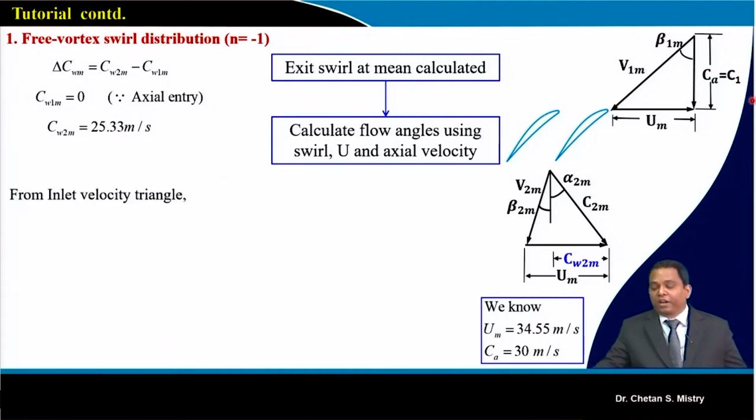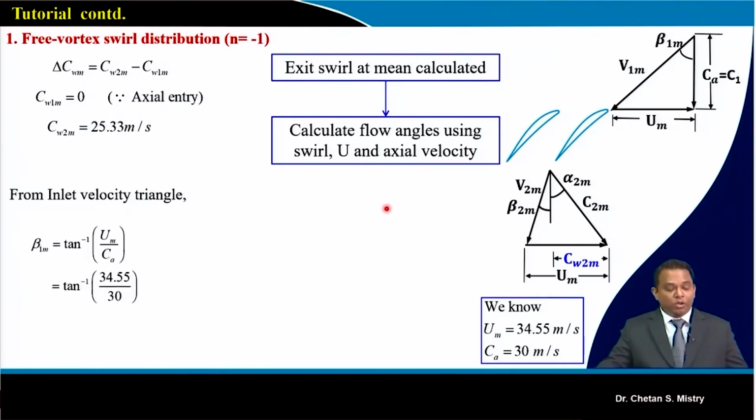Okay. Now this will be my velocity triangle. Do not forget to plot the velocity triangle in order to understand and calculate various angles and velocity components. This represents my inlet velocity triangle, and this represents my outlet velocity triangle for the rotor. From my velocity triangle, I can say my tan beta 1 is U minus Cw1 divided by Ca. Cm is given, it is 30 meter per second.